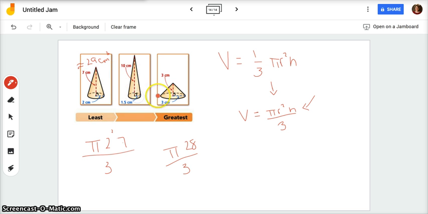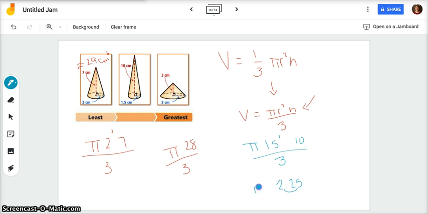This one, 1.5 is the radius. I'll change colors here so we can do this new example in blue. 1.5, so we have 1/3. I'm still going to use that bottom formula here, pi radius squared is 1.5 squared times the height, 10, divided by 3. Okay, so pi, 1.5 times 1.5 is 2.25 times 10 is 22.5.